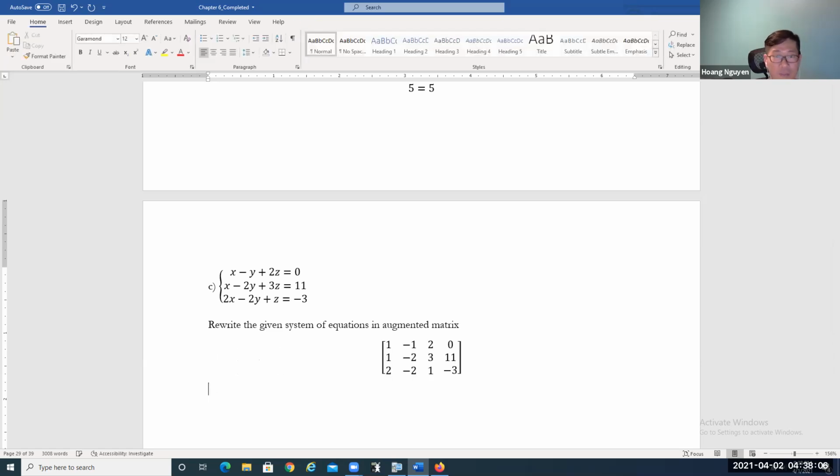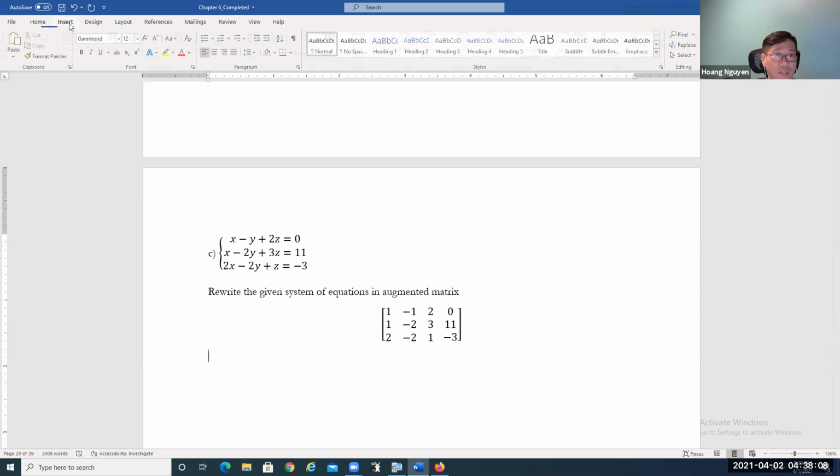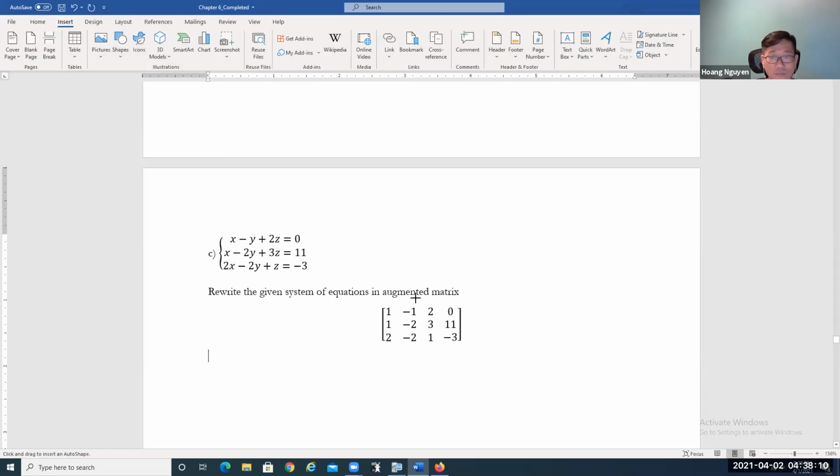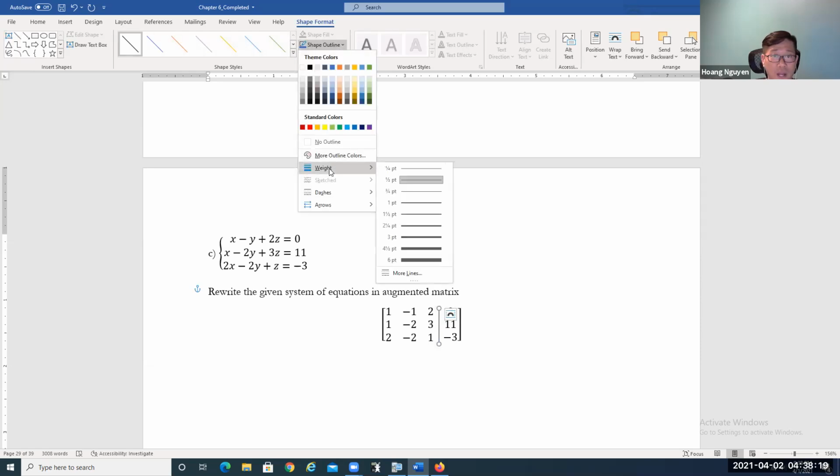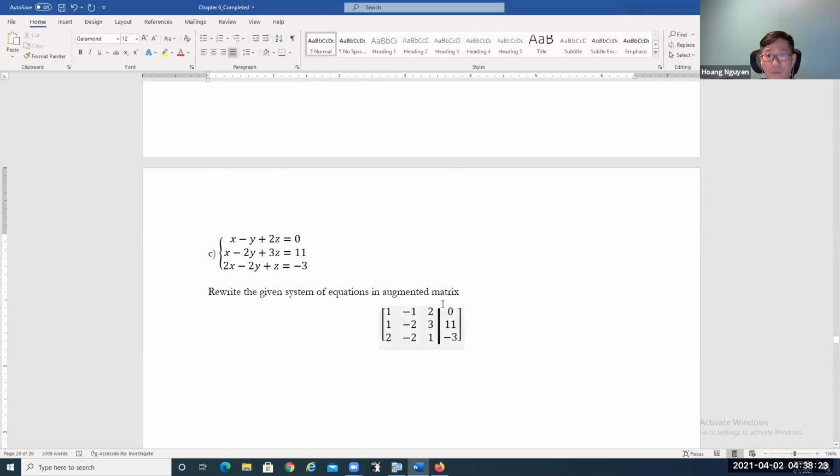Once again, you might draw the vertical line to separate the coefficients from the constants. The numbers before the line are the coefficients of the variables, and the numbers after it are the constants.